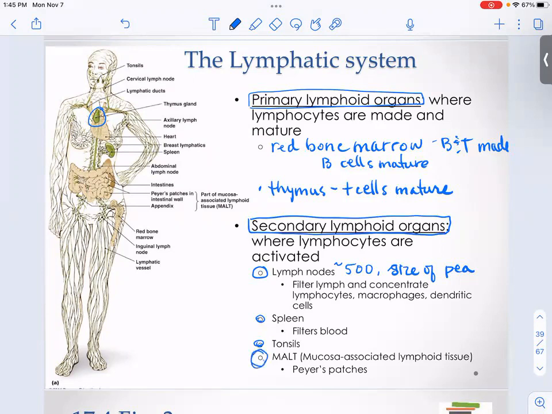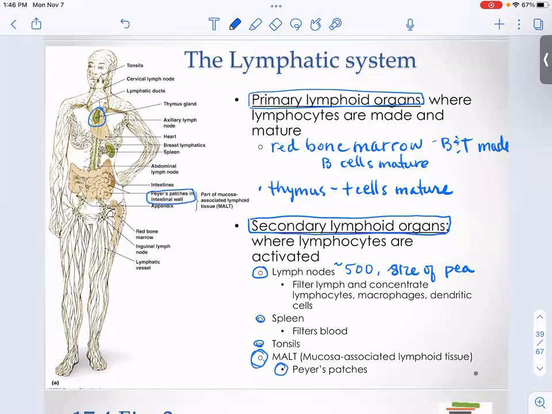This is another kind of secondary lymphoid tissue that basically lacks the hard outer covering of a lymph node. It stands for mucosal associated lymphoid tissue. So we have lymphoid tissue on all of our mucous membranes. The one that I'll highlight here is called Peyer's patches.